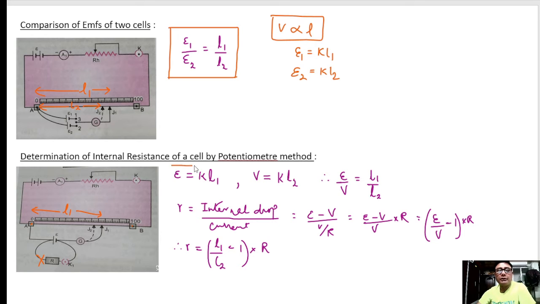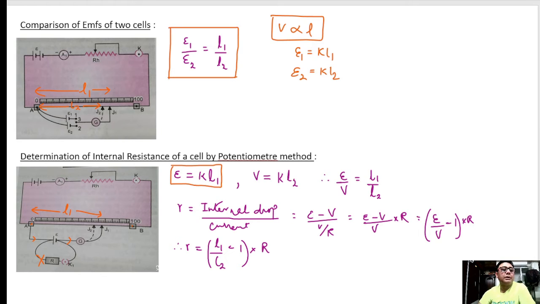So I will close the switch K1, so no current will flow through R. The current will only flow through E1, and we know potential gradient is K, so I will write E equal to KL1.